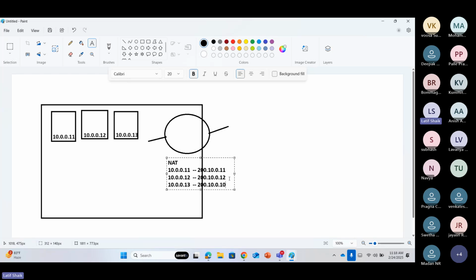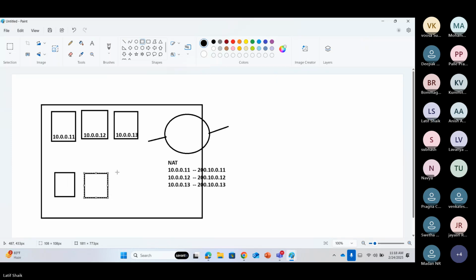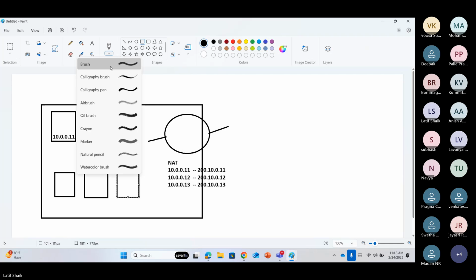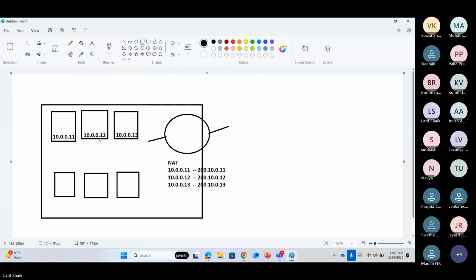It means inside your private network, these systems communicate with private IPs only. They communicate with each other with their private IP addresses only.